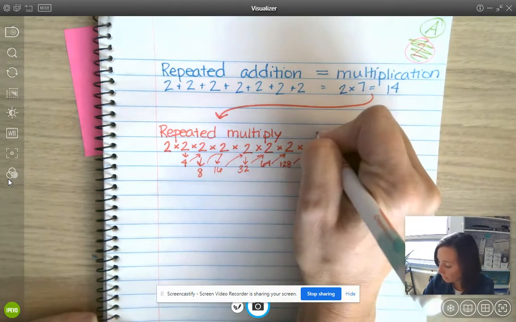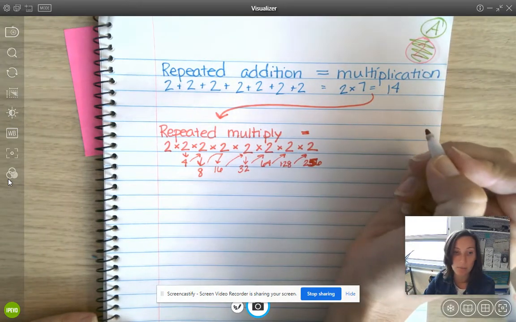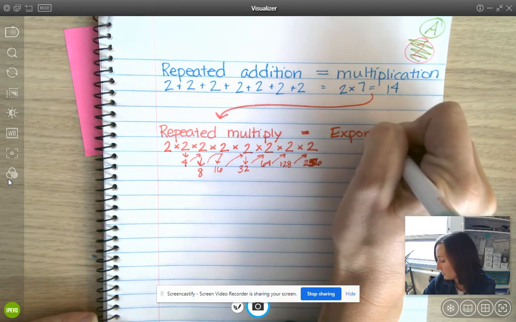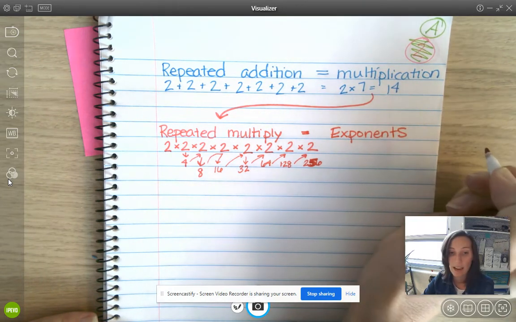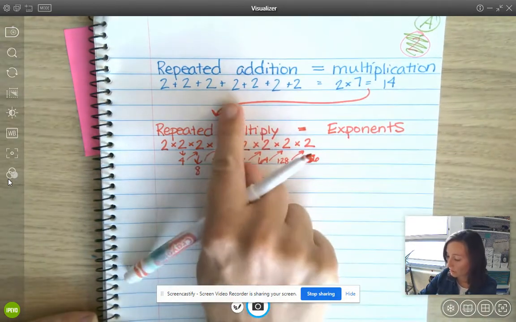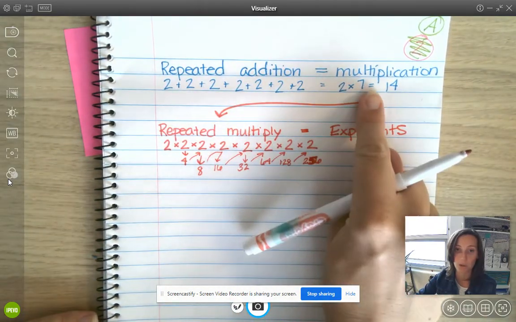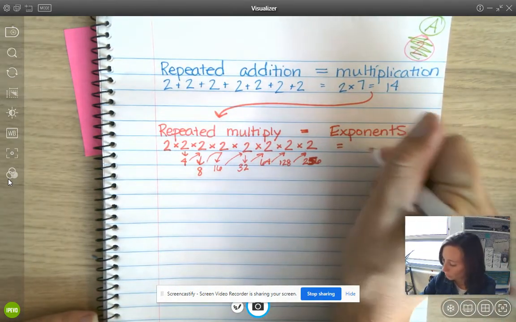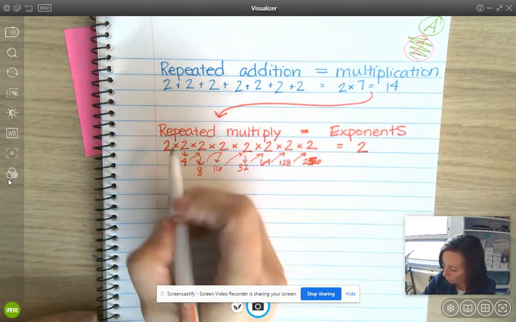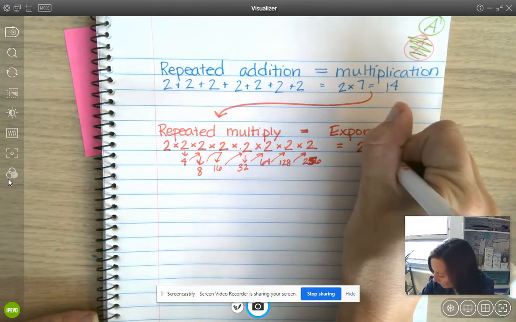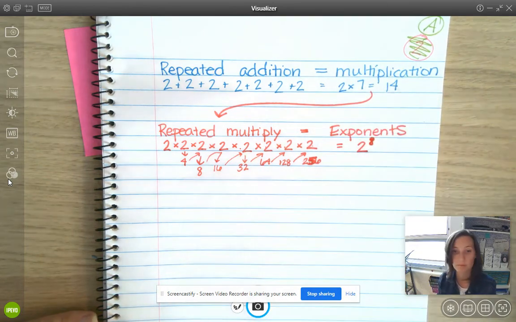Now, the other way to repeatedly multiply is to use exponents. Exponents are repeated multiplication. So just like over here, where I had this and shortened it to that, I had this and I can shorten it to 2 to the 1, 2, 3, 4, 5, 6, 7, 8, 2 to the 8th power.